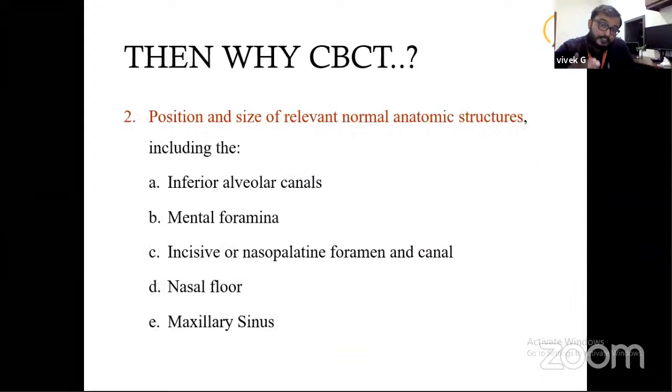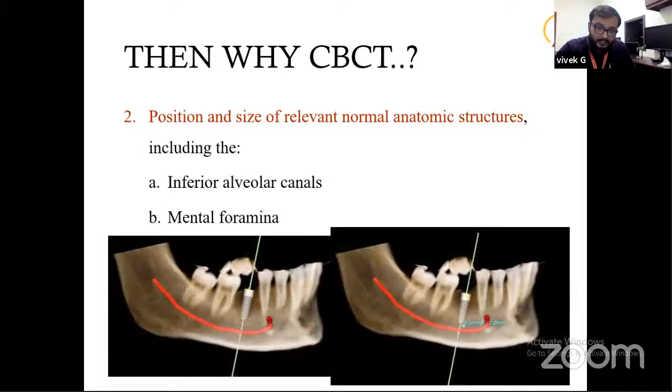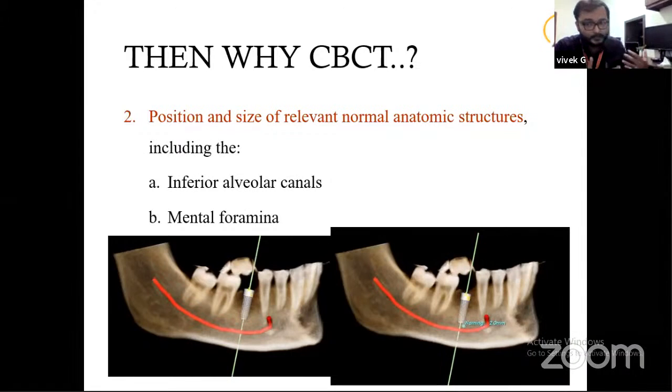Then again, the position and size of the relevant normal anatomic landmarks, as I was telling earlier, the inferior alveolar canals, your mental foramina. When you're going for virtual implant planning and you map your inferior alveolar canal, if you go in for more depth, you can see that there will be a warning sign on our software, like in Vivo software.